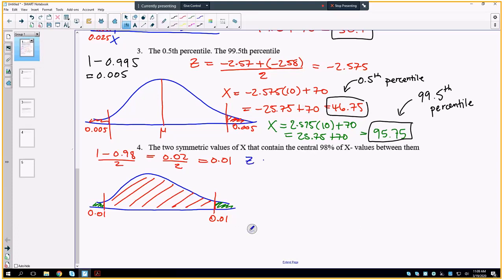Minus 2.32, minus 2.33, add them up, divide by 2, minus 2.325 is the z-score that I'm going to use. And as in the last problem, I'm going to say that this x over here on the left, I'm using the negative z-score, the one that I found, because the table gives me area on the left.